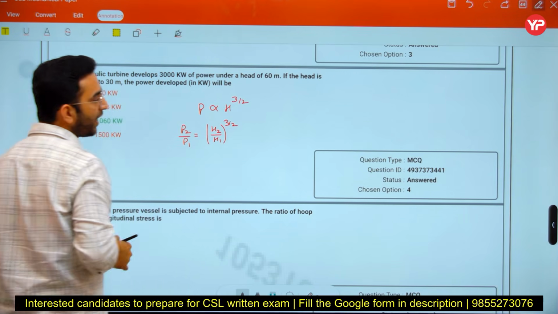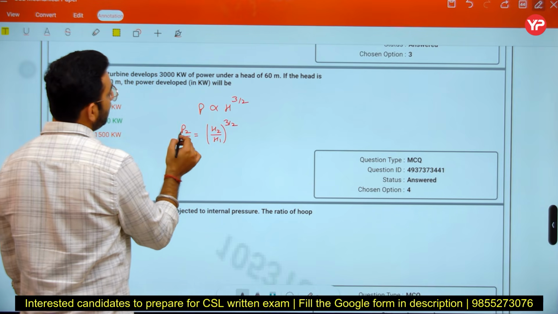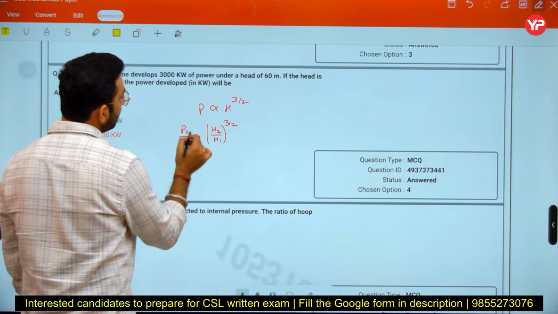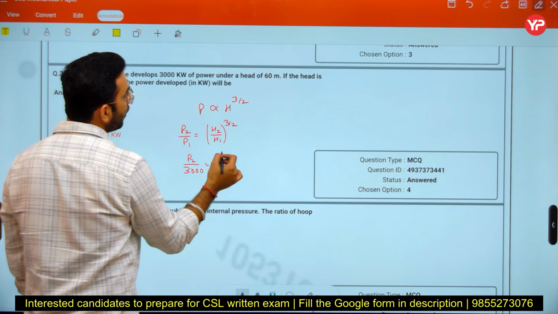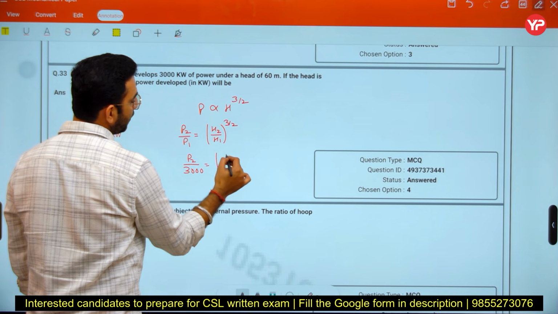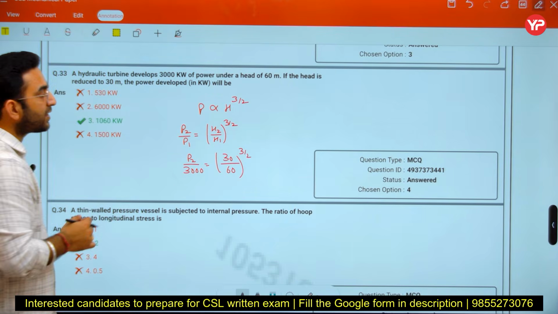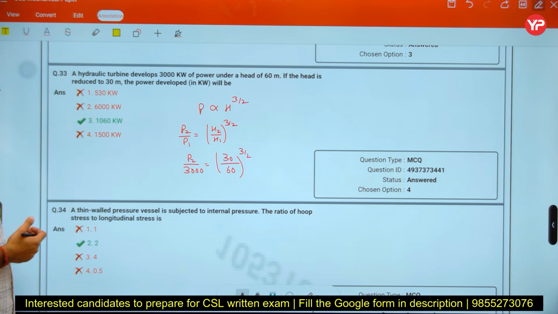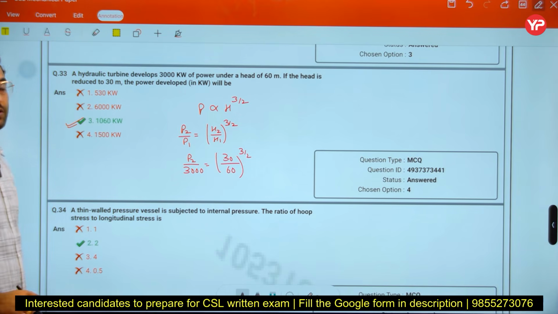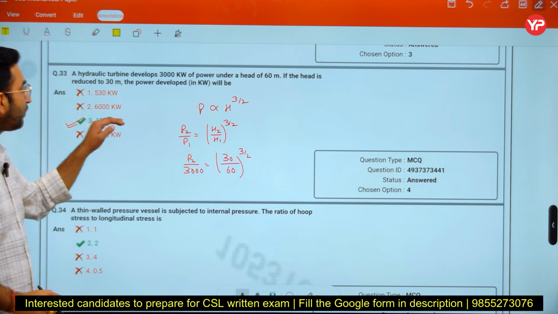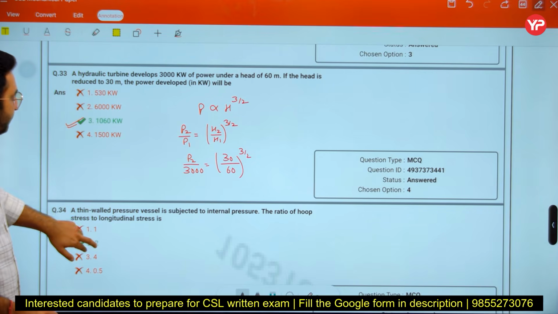The initial power is 3000 kilowatt corresponding to a head of 60 meter. If you solve the problem, you get option C. The P2 value will come out to be nearly 1060 kilowatt. So just do the calculation and get your final answer.